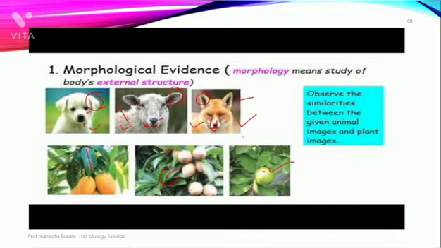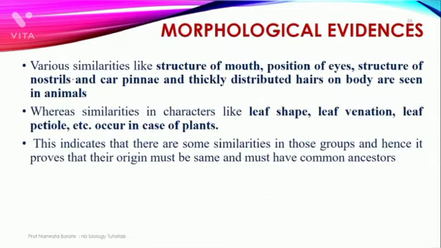Hence it proves that the origin of the plants and the animals, it must be same, means it having the common ancestor. Let we see the various similarities like the structure of mouth, position of eyes, structure of nostril, then the ear pinna and the thickly distributed hairs on the body.